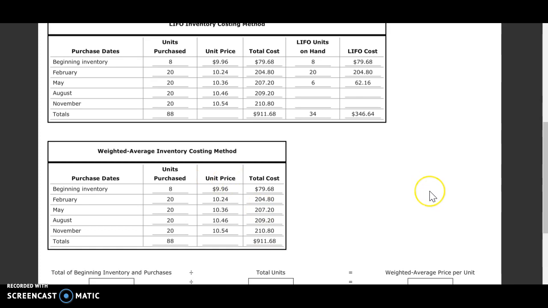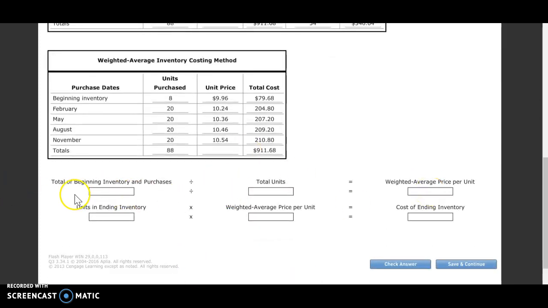Okay, so that is filled in, and now we actually do our calculations down here. So it says total of beginning inventory and purchases. All we're doing, they're asking for this number here. That is the total of our beginning inventory plus all of our purchases that we made. So 911.68. Then we're going to divide by our total units. So that's going to be this one here. We had 88 units throughout the year. Okay, so we're going to go ahead and divide those. That gives us a weighted average price per unit of $10.36.